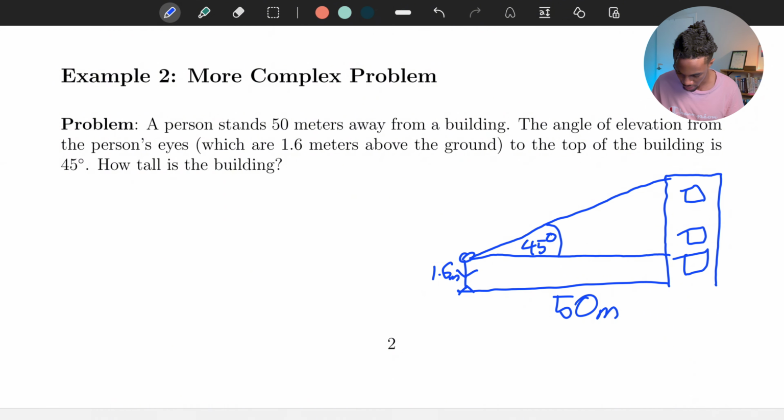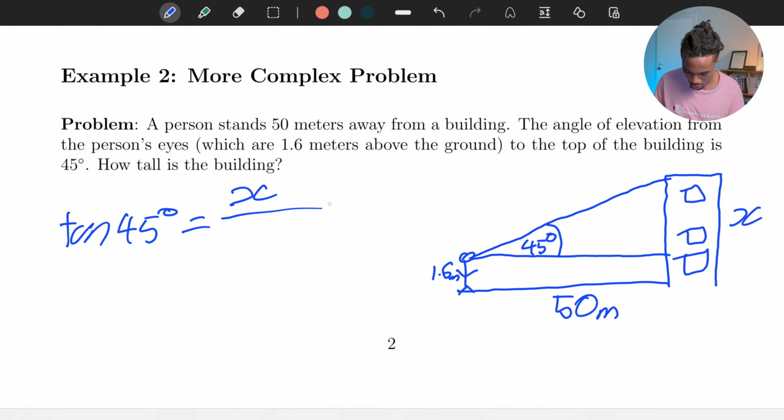How tall is this building? Let's do it the same way we've been doing every other question. Which rule do we have to use? We need to find this, and we only have this one and this one, so we're going to use tan. So tan 45 degrees equals x over 50.